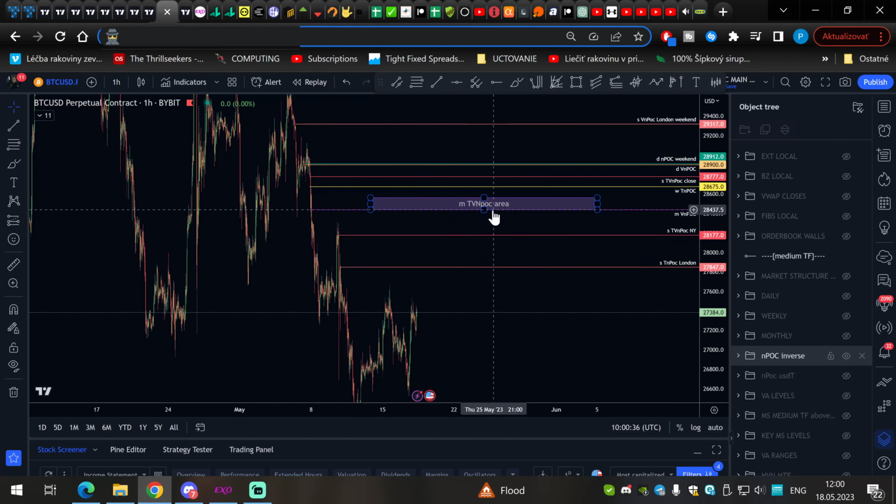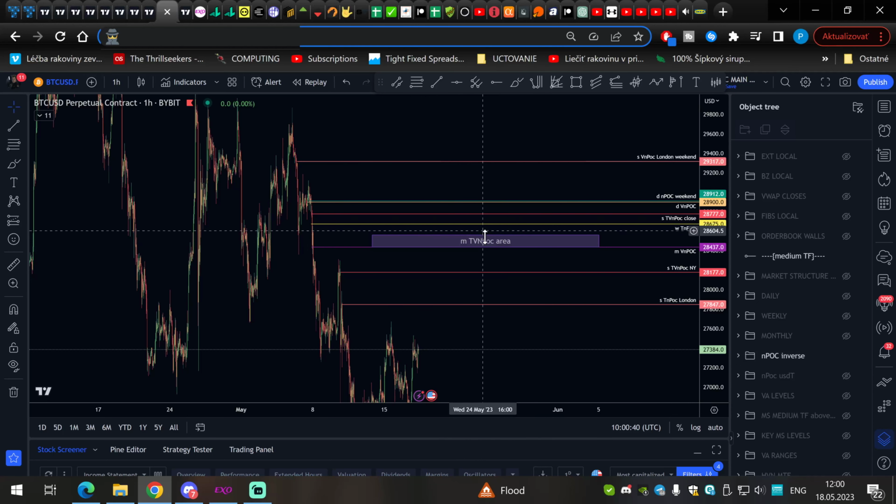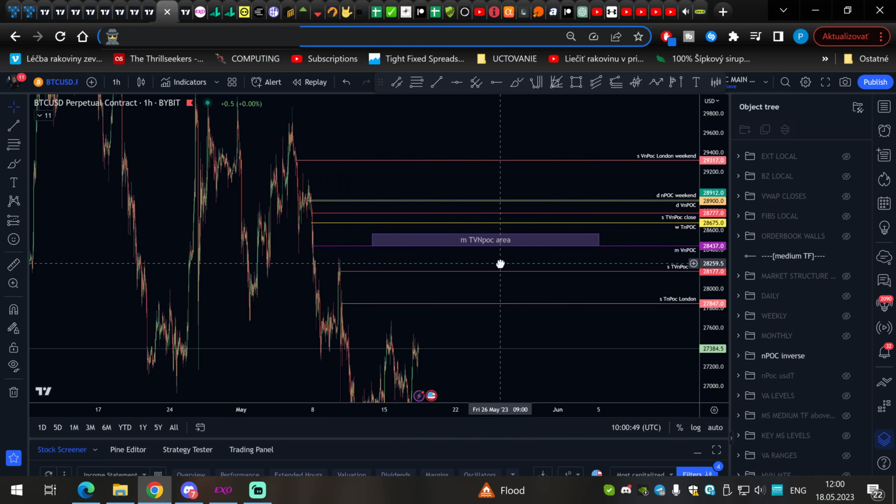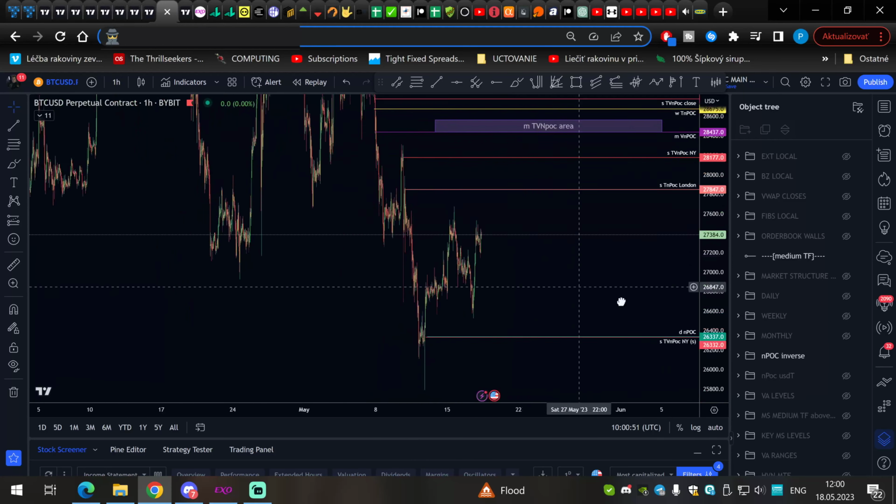Yes, and this is still a very large resistance area for us. I will classify this more as an area where we have the monthly and weekly naked point of control, and weekly TPO and naked point of control waiting for us over here. So I'm watching that as well.